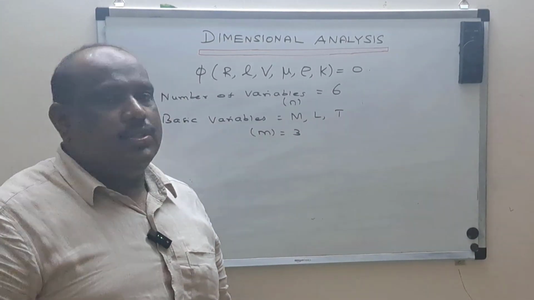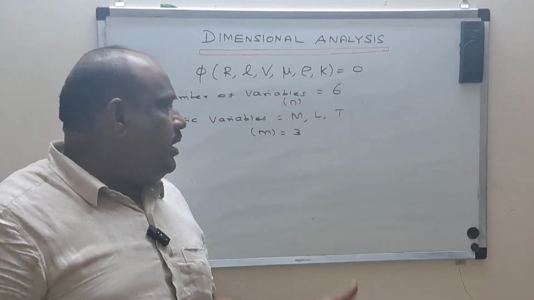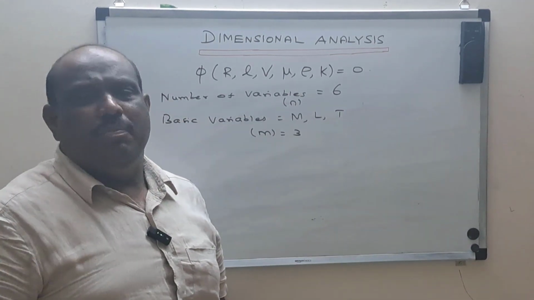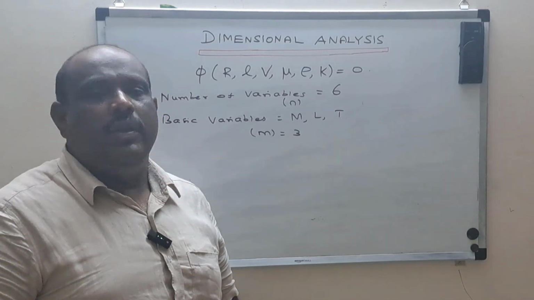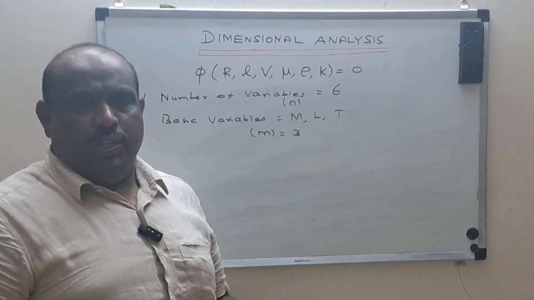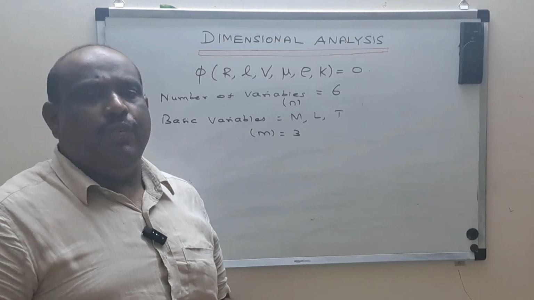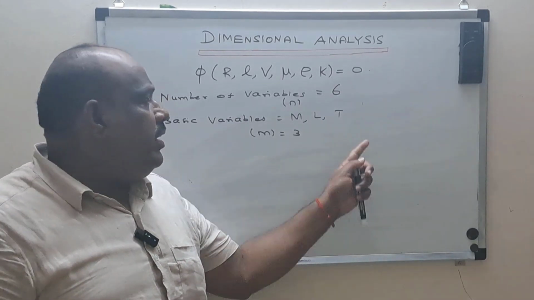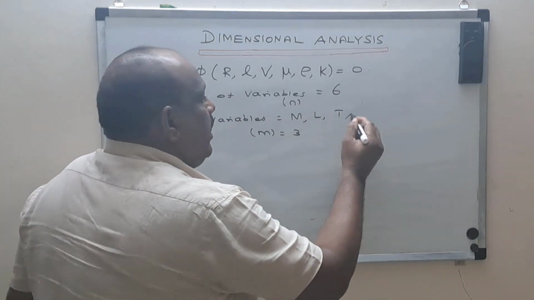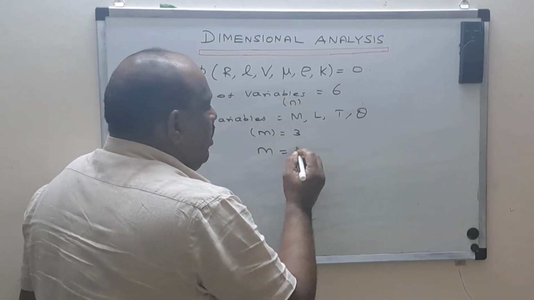If there is a temperature also, then the basic variables will be 4, but generally in fluid mechanics at this stage we will restrict m equal to 3 alone. We are not considering the temperature. We are considering only the fluid flow. If temperature is given, then I have to include theta also, and my m will be equal to 4.